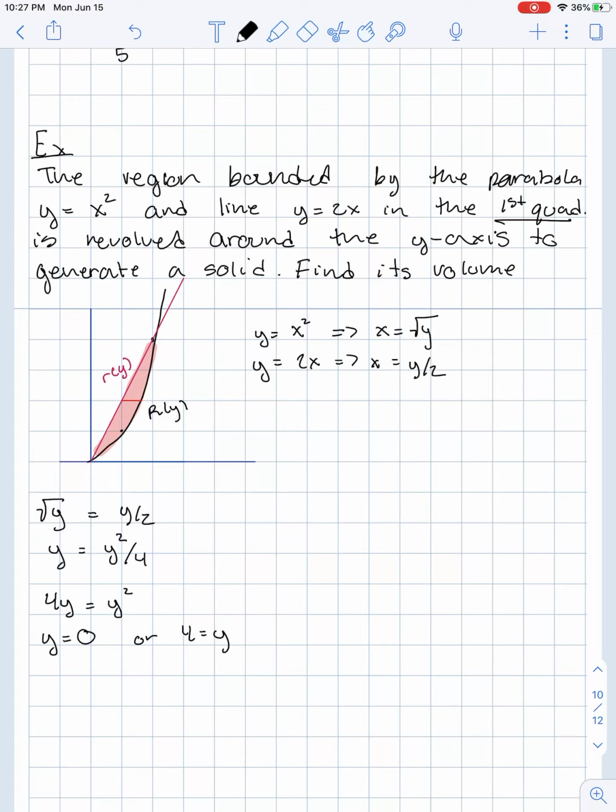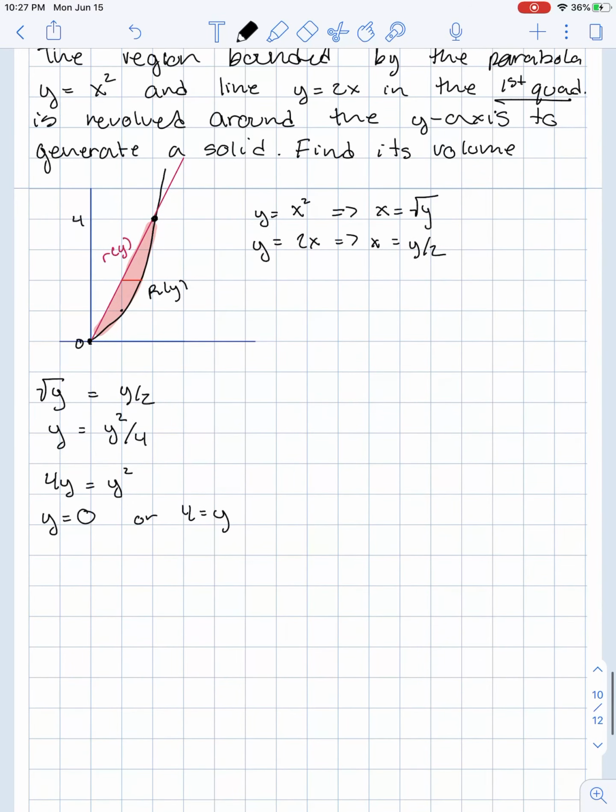Yeah. So I have this little point right here, and this little guy right here. And that's at 0, and this is at 4. Okay? So I have my limits of integration, and now I can find who is outside versus inside.